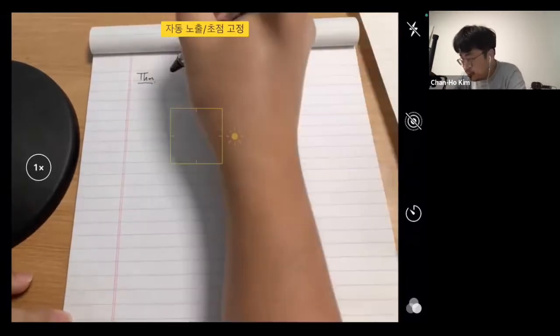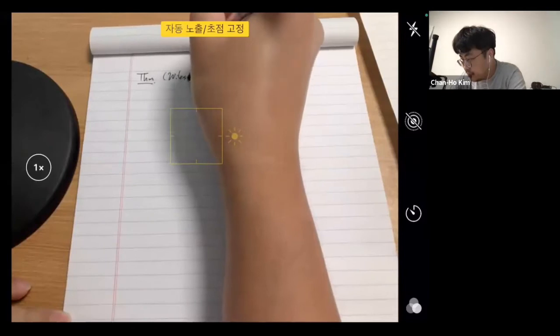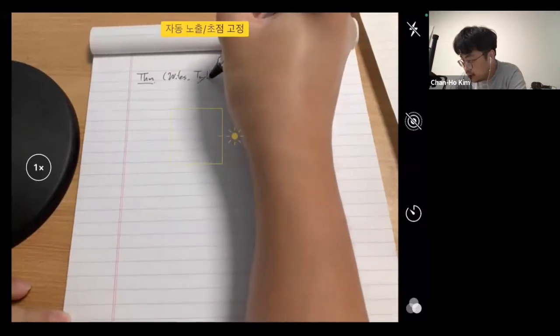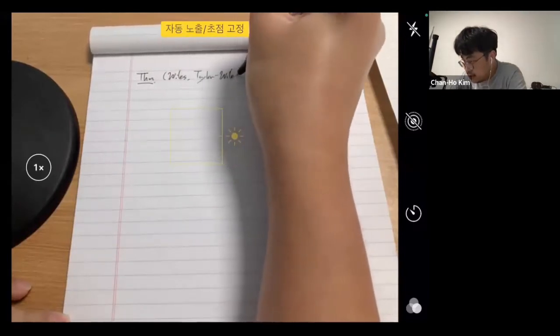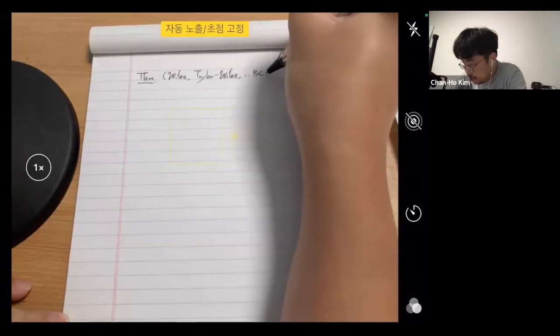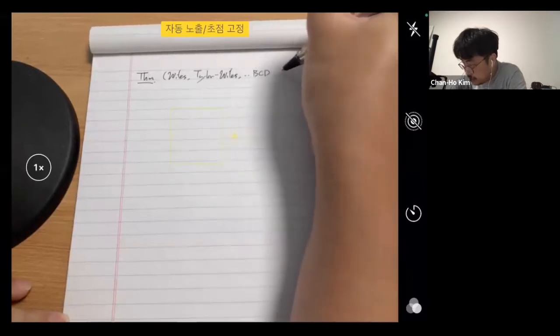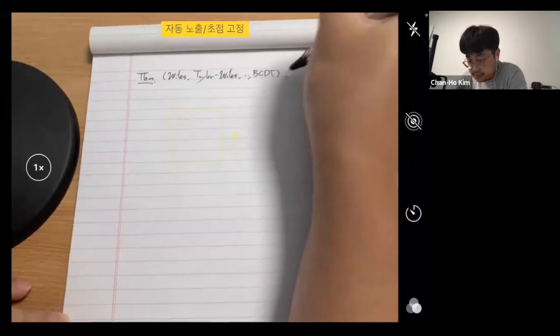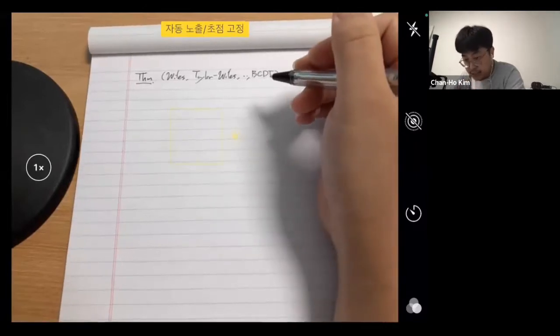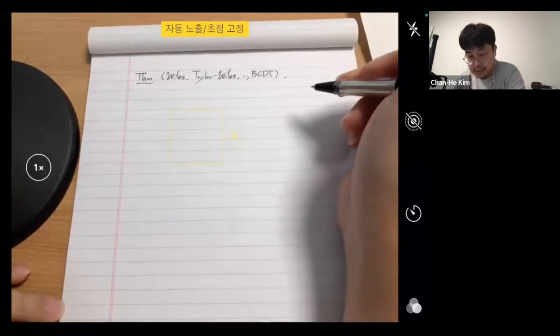So let me recall the modularity theorem: Wiles and Taylor-Wiles, and Breuil, Conrad, Diamond, Taylor. And how the correspondence is made.